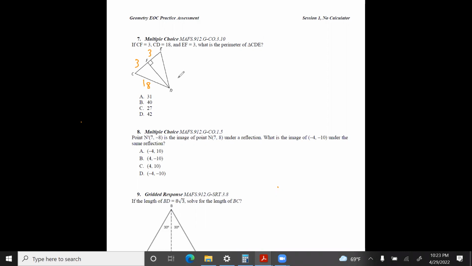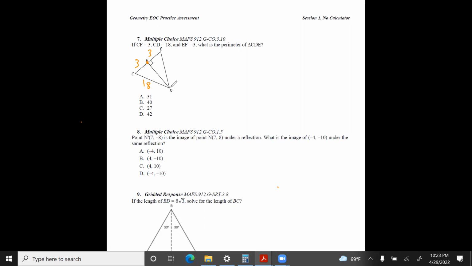All right. On this one, what we need to recognize is we have a perpendicular line coming to the midpoint of CF. Since F is the midpoint of CE, that means this is a perpendicular bisector.